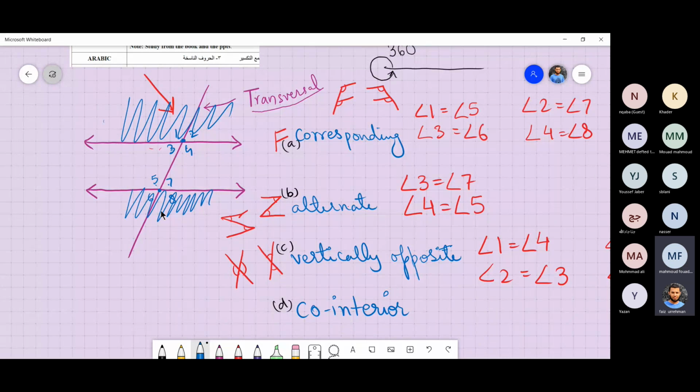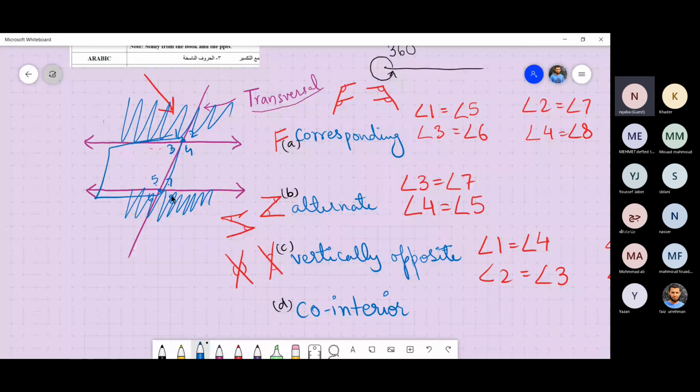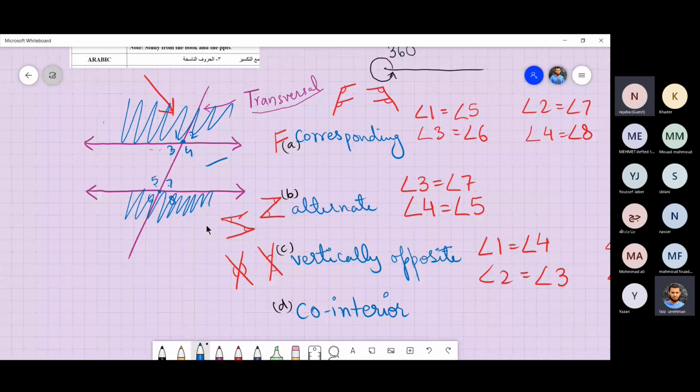You can see 4 angles: 3, 5, 4, and 7. Now, which angles are like a corner of a room, inside a room? 3 and 5 are like a room, right? Yes. And what about this side? Also a room. 4 and 7.